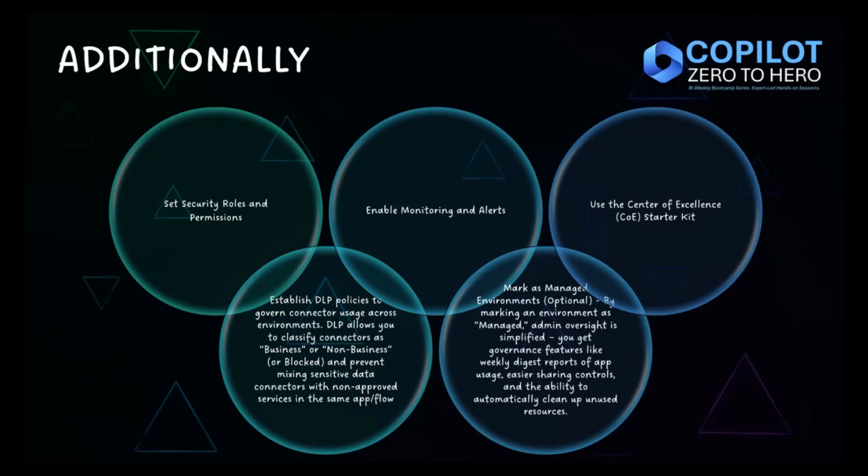And I would strongly recommend everyone on the call to use the Center of Excellence Starter Kit. There's a lot that comes with that kit, a lot of additional reporting that you get, statistics, to monitor how your environment is doing. And then obviously establishing some DLP policies to govern your connector usage. This one is a good one, and you do all of this inside of the Power Platform Admin Center.